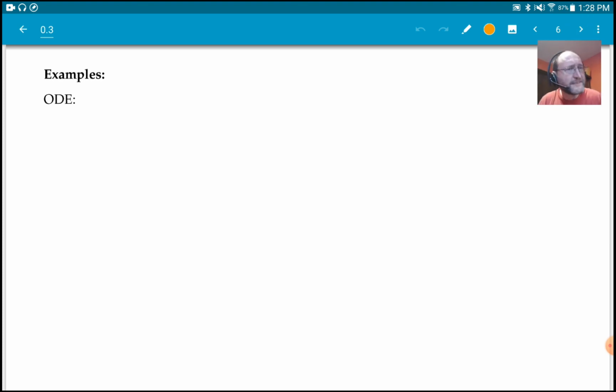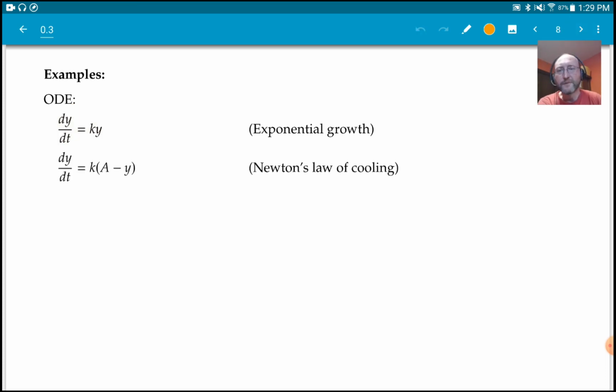All right, so some examples, just so that we see what we're talking about. An ODE, for example, is exponential growth, something that we saw last time. We have y as the dependent variable, t as the independent variable, and k is some constant here. Or very similar, Newton's law of cooling.